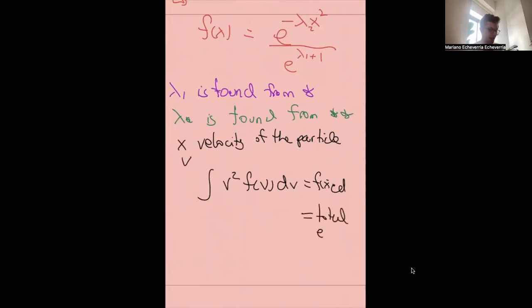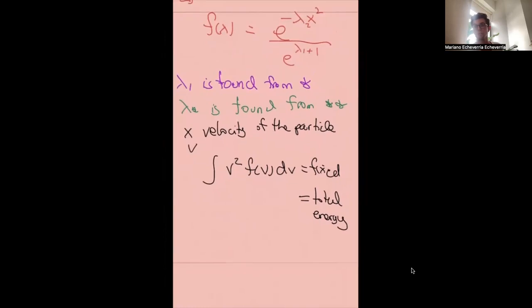So it is saying that among all possible distributions for the velocity of a particle, if you know the fixed average energy of the gas, then the distribution must be this normal distribution, and that's what Maxwell found, which is why it's called the Maxwell distribution.